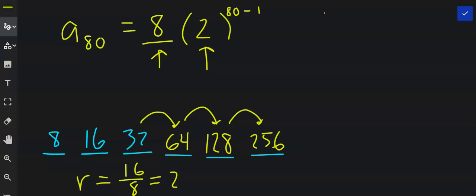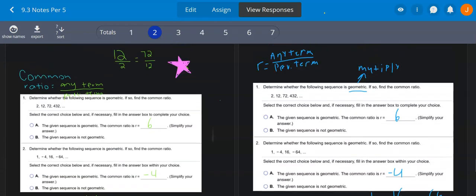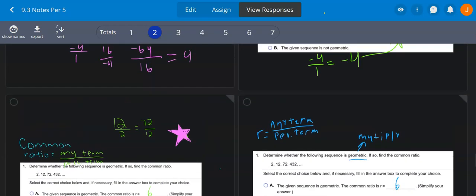A lot of math. Come on. It's going to be a big number, by the way.